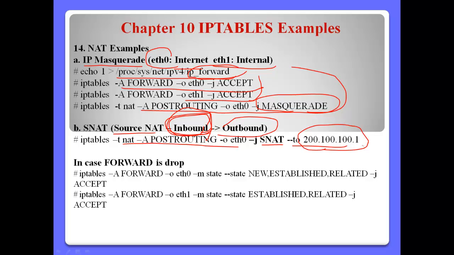So on the internet, only this IP address can be seen by the users. In this case, normally we can guess the forward policy is accept. But if the forward rule is drop, then we must use a forward rule for eth0, eth1, and the state module, with state NEW and ESTABLISHED, to be accepted like this.